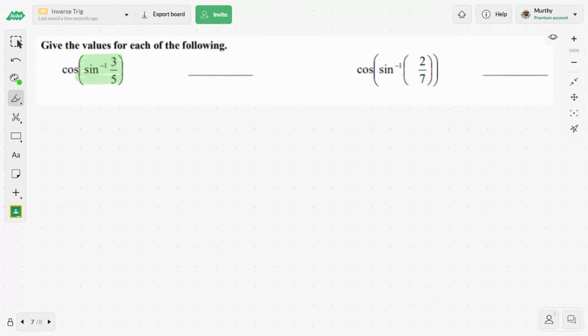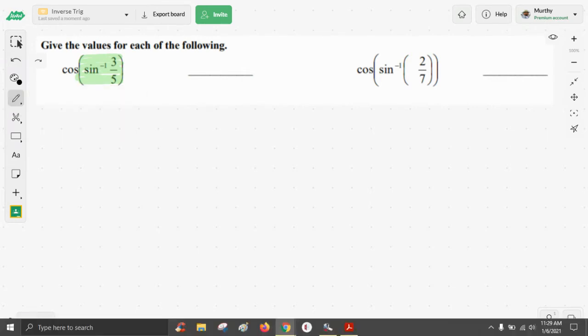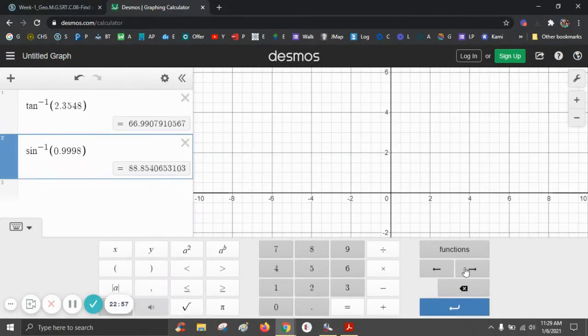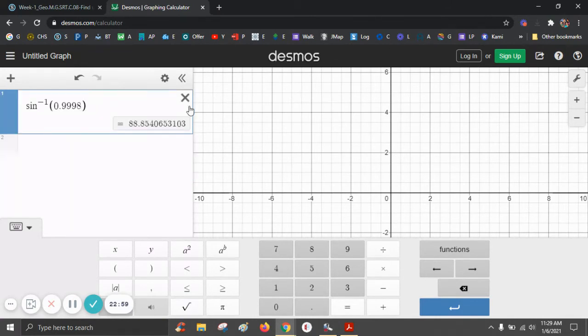So let me take sine inverse 3 over 5. What is the value of sine inverse 3 over 5? Let me go to my Desmos and clear all these. For sine inverse, I'm using the a to the power of b key to type the inverse, that is -1 in the exponent.